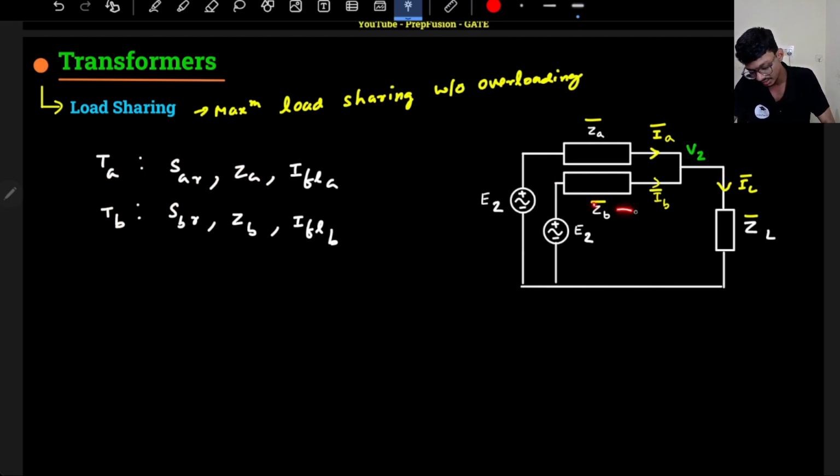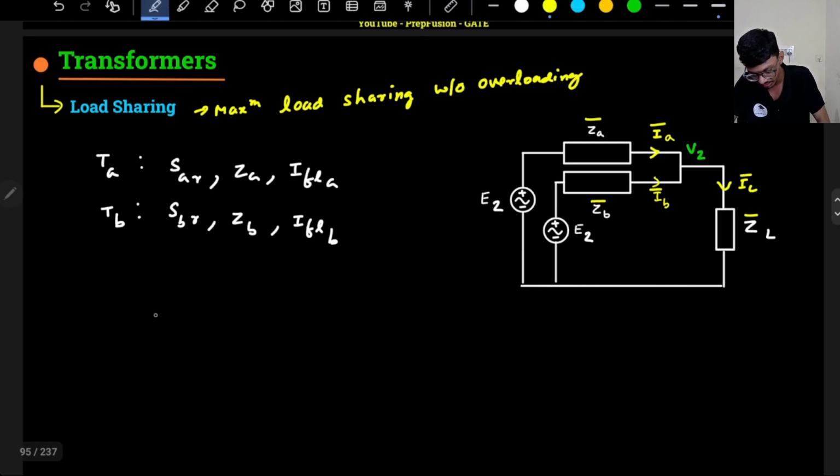Now, if they are connected in parallel, what can I comment? These two have the same E2 potential, and this is the same V2 potential. So whatever the drop here, that is IA into ZA, will be the same as the drop here, that is IB into ZB.